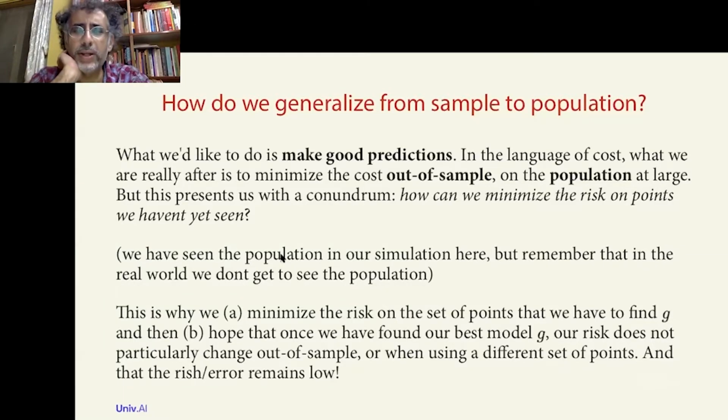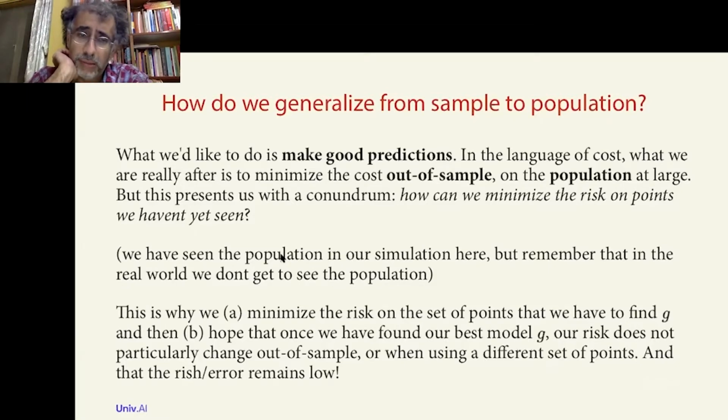So what's our strategy here? The strategy is something we've already done: we've minimized the risk on the set of points we have, our sample. And using the sample, we found our G functions. And once we found our G functions, we're starting to hope.